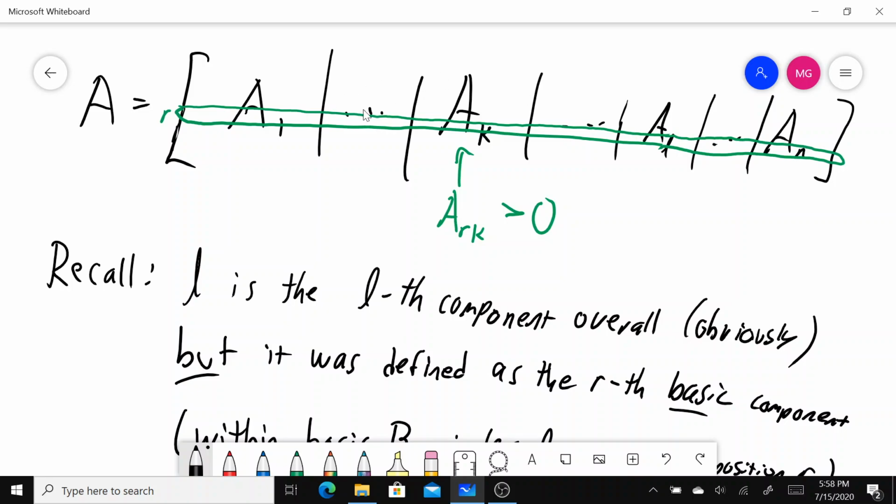We counted R down, and similarly I can count R across here, and that will land me at A sub L, amongst the basic components. This is the identity matrix, so it's R entries of the identity matrix down, and so the rth entry in this column of the identity matrix must be the 1 entry, and the rest are zeros.